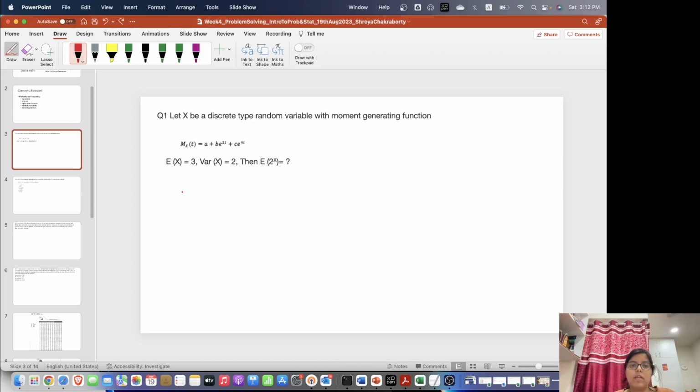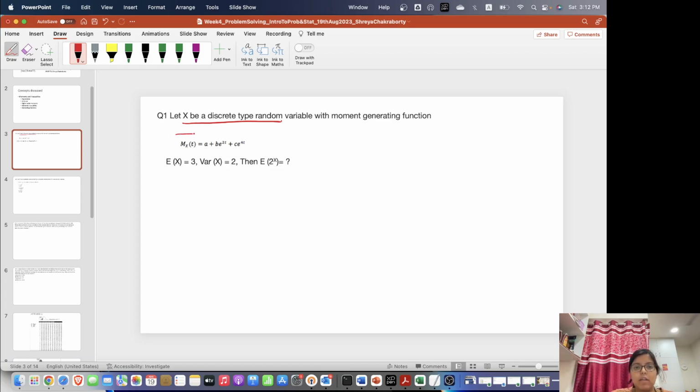So, we have been given a discrete type of random variable and the MGF has been given. Now, from here, it has been said that x is a discrete type of random variable. That means that x will take on some particular values and that will be associated with some particular probabilities.